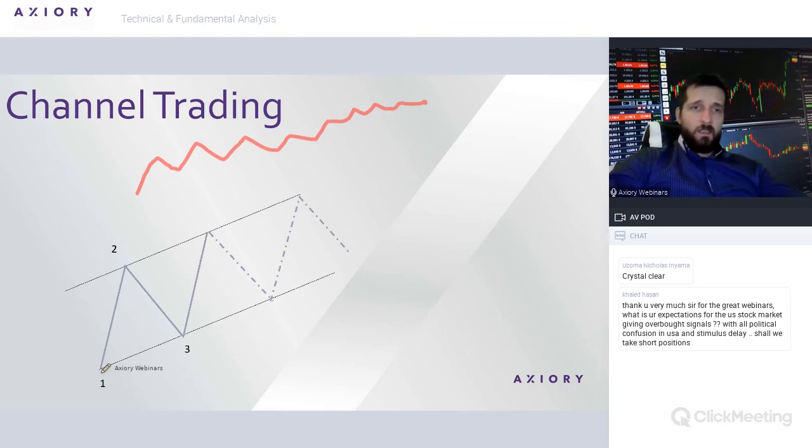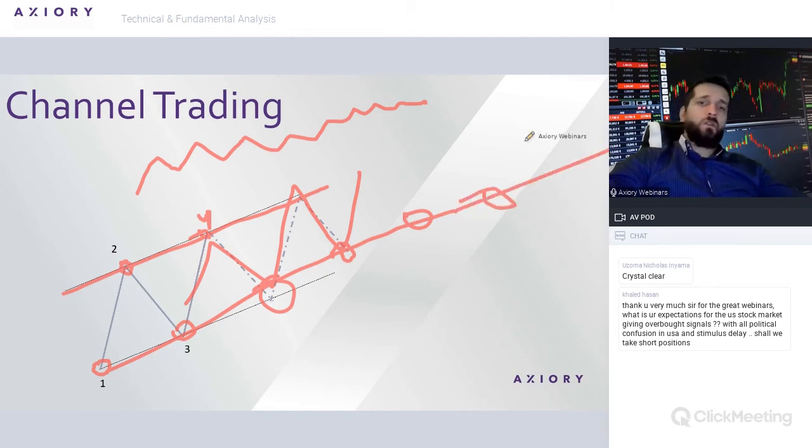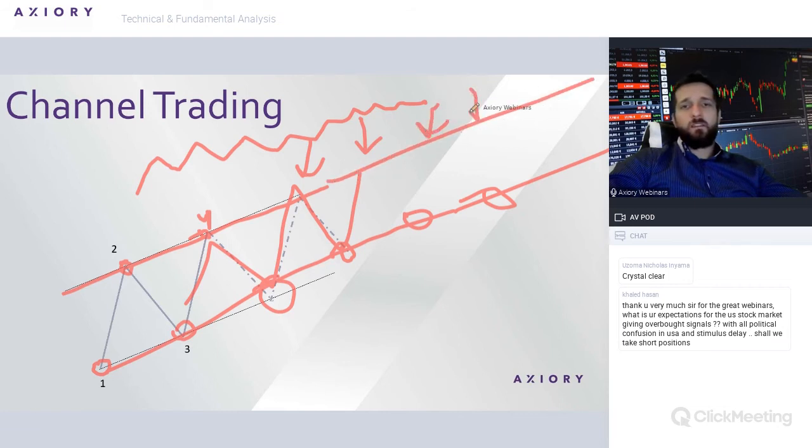In order to create a channel up, you need 4 points: 2 higher lows and 2 higher highs. Then you will have a channel up, and you will be able to buy on the support, buy on the support. You also can sell on the resistance, but again, it is going against the trend, which is seldom profitable.